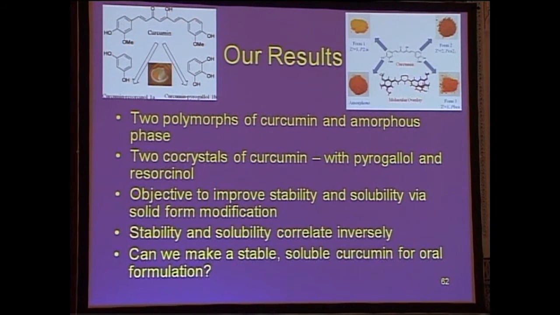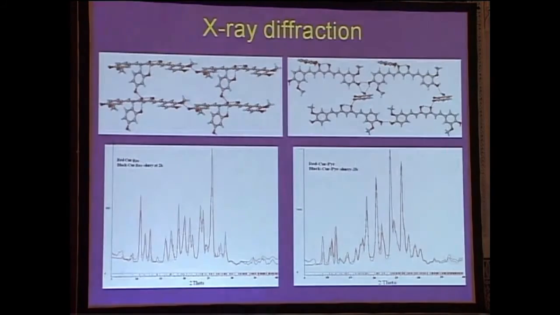Both of these are again bioactive molecules, and our idea was to combine the phenolic functional groups of the herbal drug with the phenolic functional groups of the coformers, which would perhaps not only give it higher solubility, but perhaps some synergy in terms of drug action as well. So our idea was, can we make stable soluble curcumin for an oral formulation via the cocrystal route?